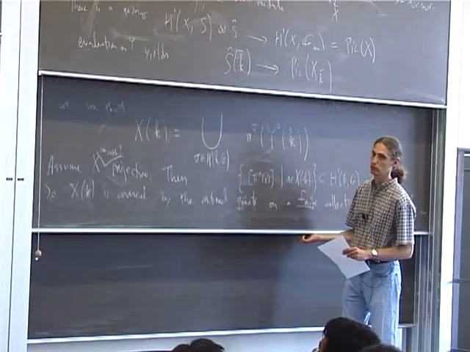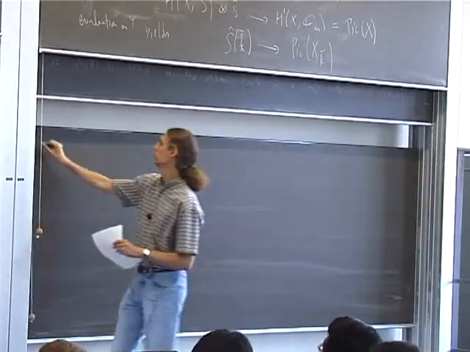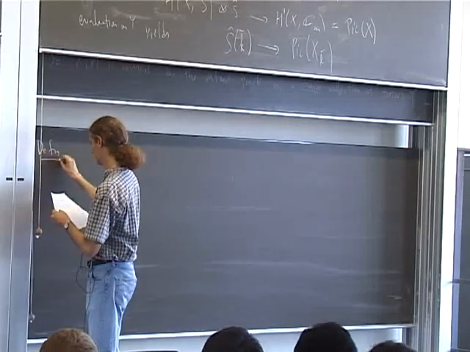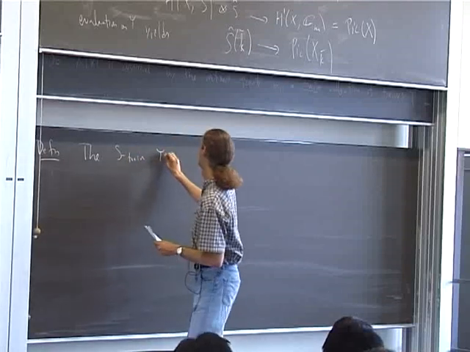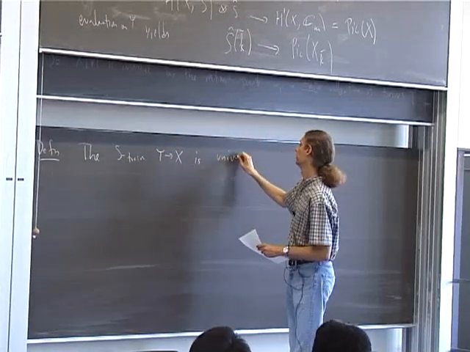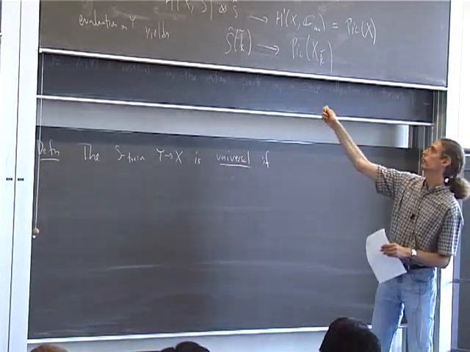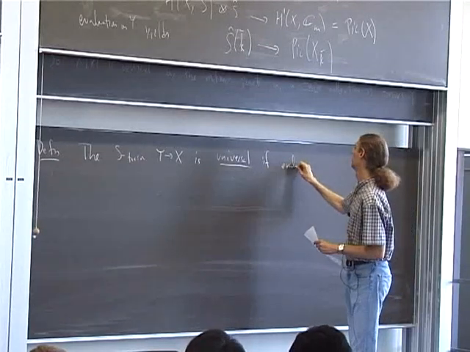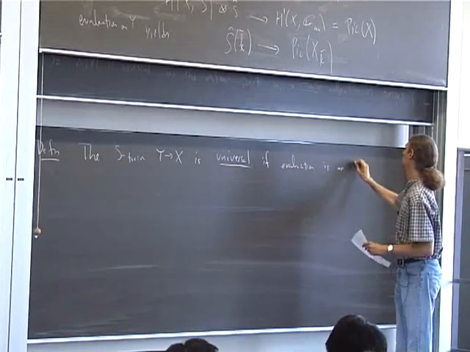So, definition. The S-torsor is universal if the evaluation map is an isomorphism.